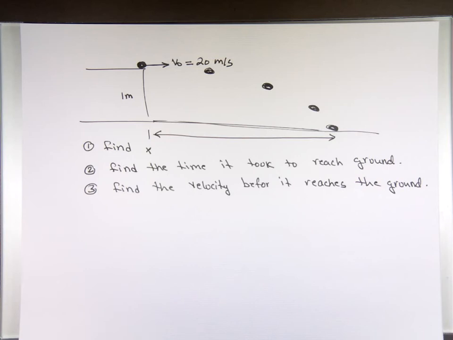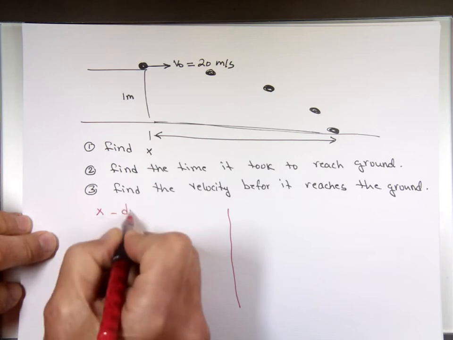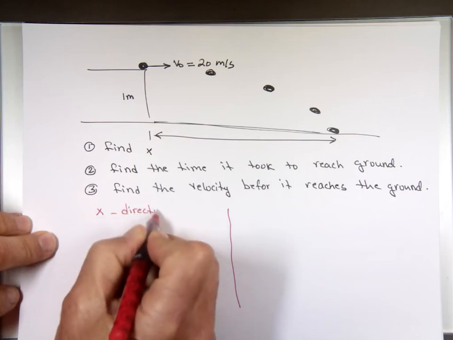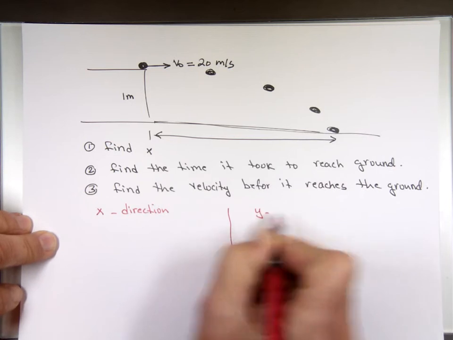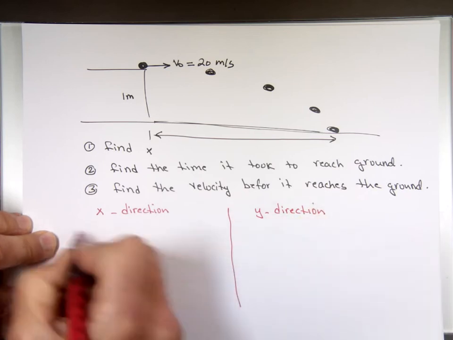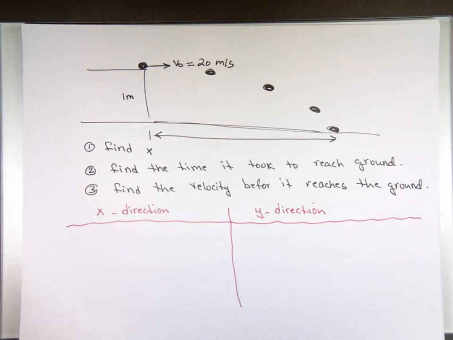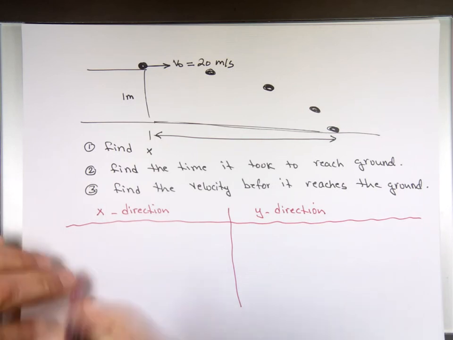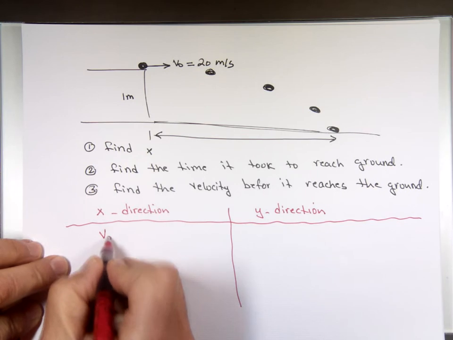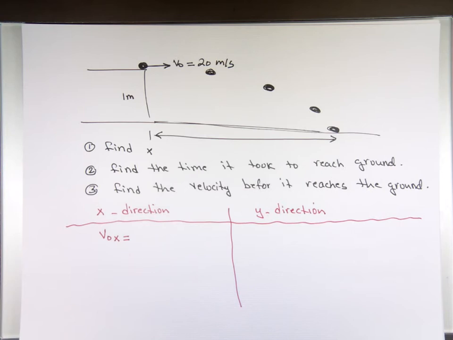What I'm going to do with every problem in projectile motion is break it down into 2 stories. I'm going to look at it in the x direction, and I'm going to look at it in the y direction. What's the initial velocity in the x direction? Zero?